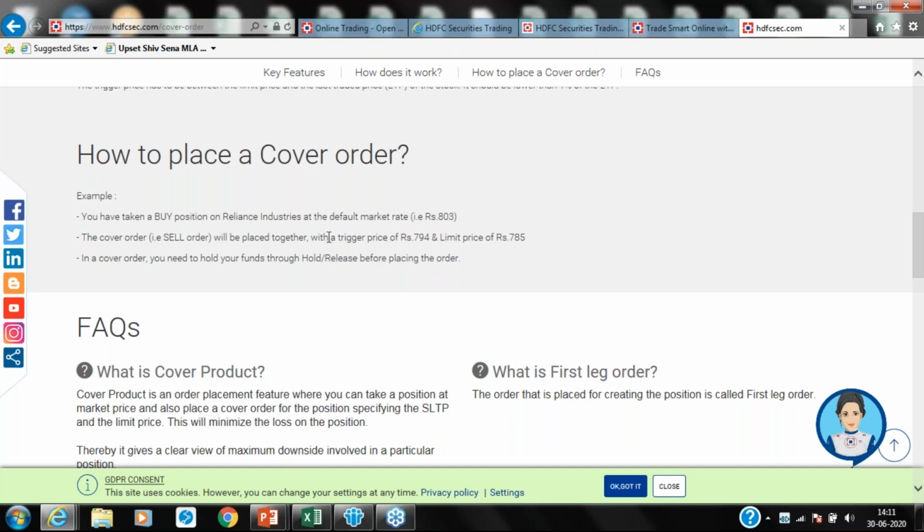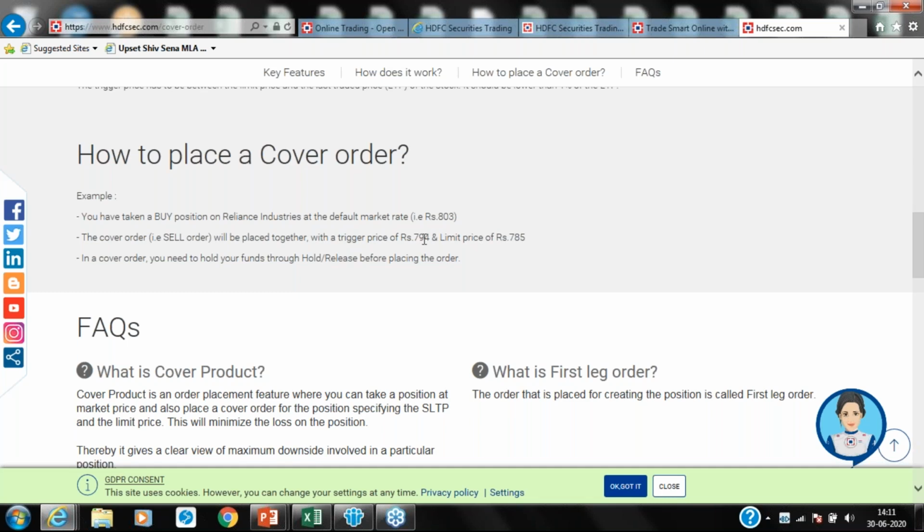Now, the second point that we have covered, the stop loss point, is very important. In this example, if you want to buy Reliance Industries in a cover order and the market rate is 803 rupees, you can buy it, and the stop loss you are keeping is around 794, the trigger price, and your limit price is 785.